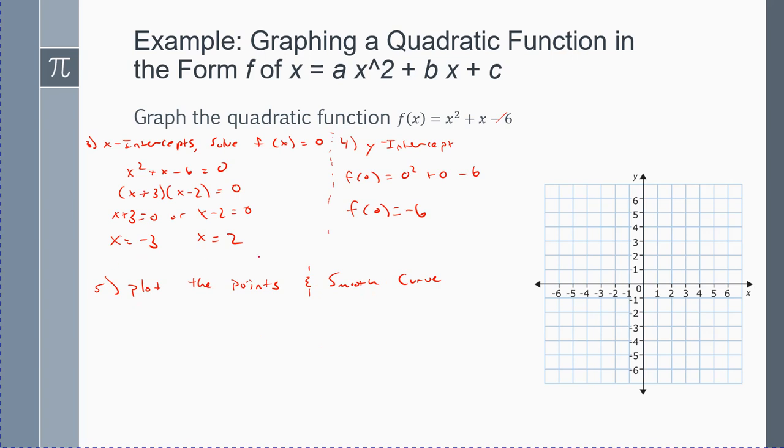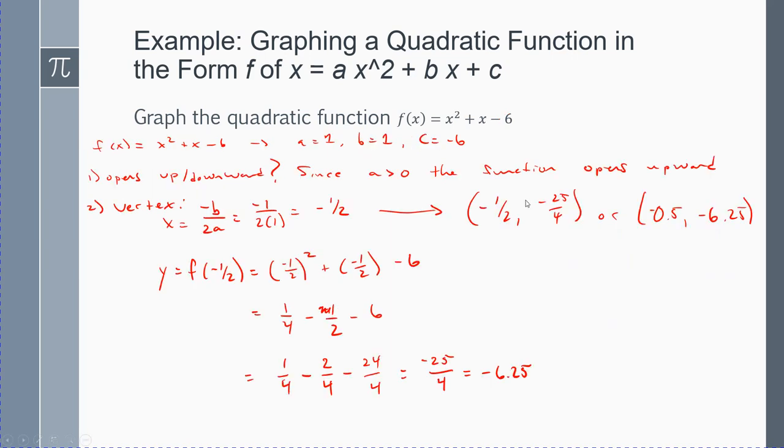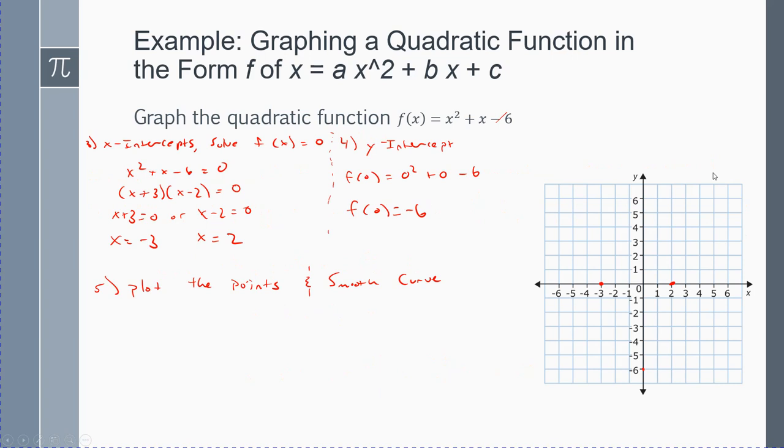Okay, so let's do the y-intercept because it's right here. It's 0, -6, so it's way down here. The x-intercepts are -3, and then 2. And then the vertex, just going back, is -1/2, and this is going to be eyeballed a lot here. -1/2, and then -6.25.